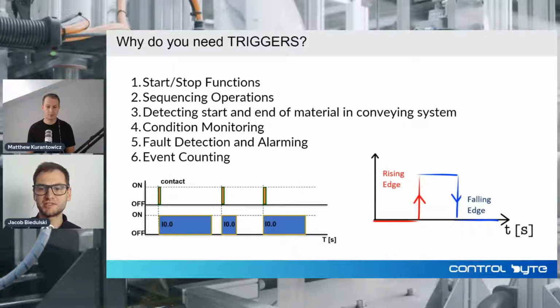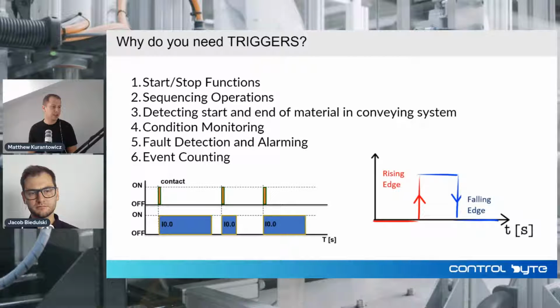You use trigger instructions to detect the exact moment to transfer the machine state from one state to another. So sequencing operations are commonly used in manufacturing systems where certain processes must follow a strict sequence.